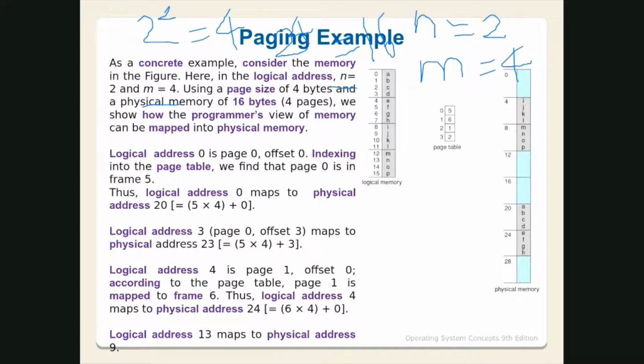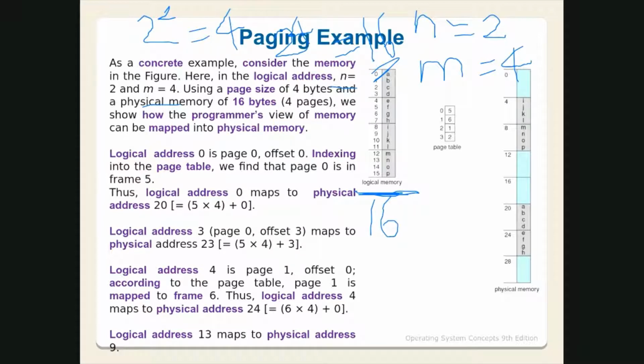The main concept is, remember, what is the 16 here? 16 is the logical address space. What does logical address space mean? The number of bytes in the logical memory. 2 power m is 16, so the size of your logical memory is 16 bytes.